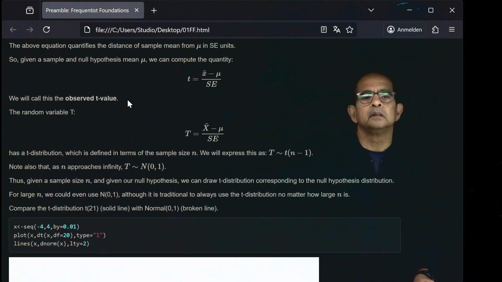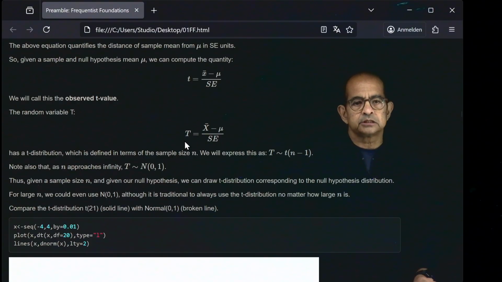So the observed t-value is also coming from a particular probability density function, which is the t distribution. And that t distribution is parameterized by the degrees of freedom, which is the sample size minus 1.